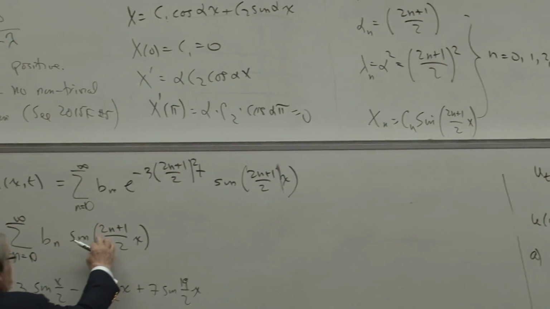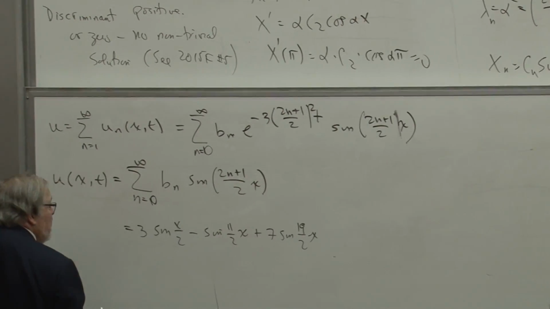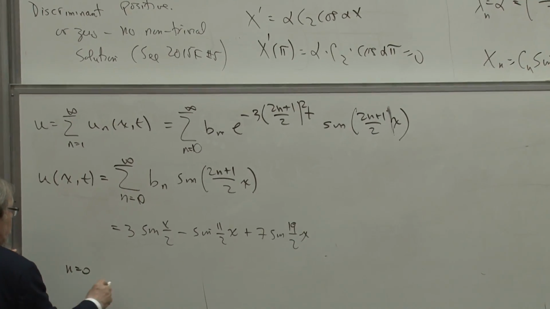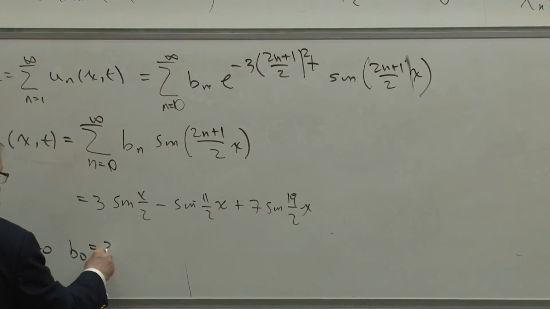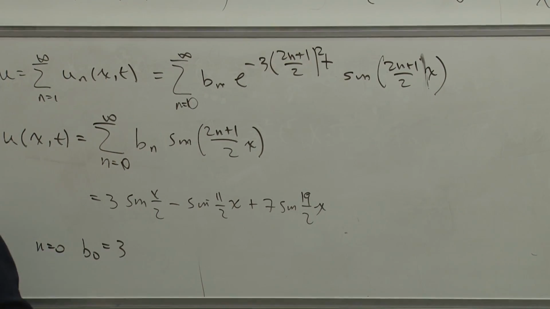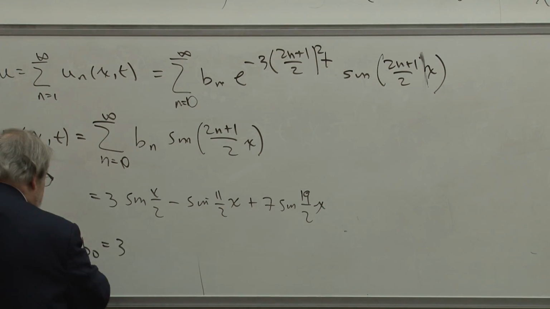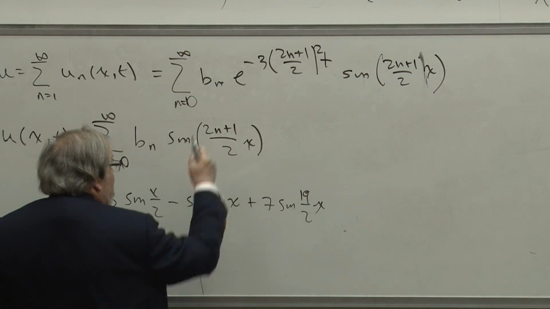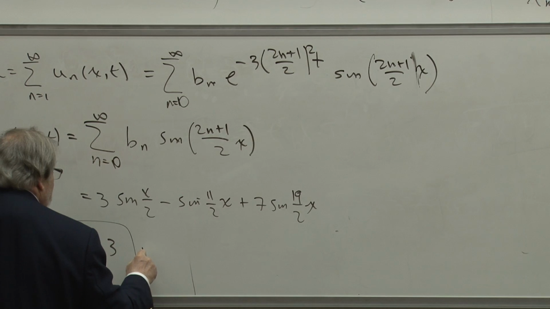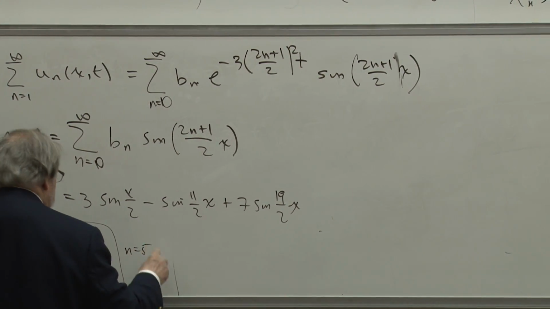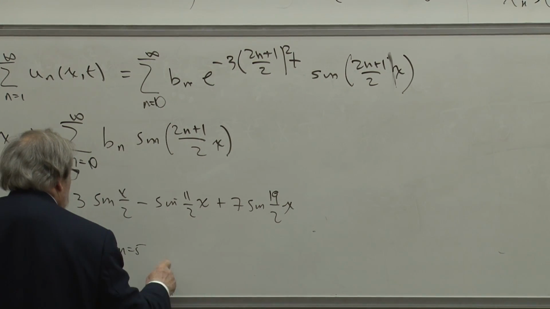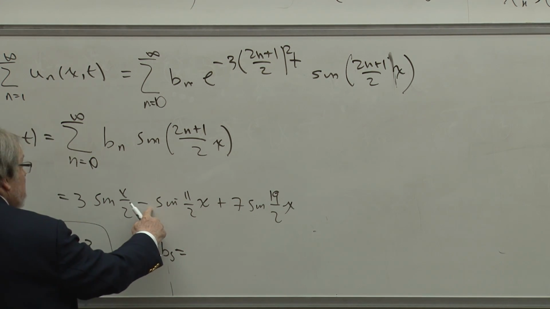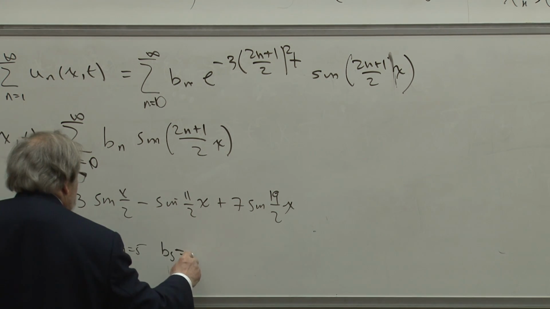So the n equals 0 term gives me sine of 1 over 2 x. This tells me then for n equals 0, b0 is 3. That gives me that term. Next, the sine of 11 over 2 x. I get sine of 11 over 2 x from n equal 5, and then b5 is negative 1.